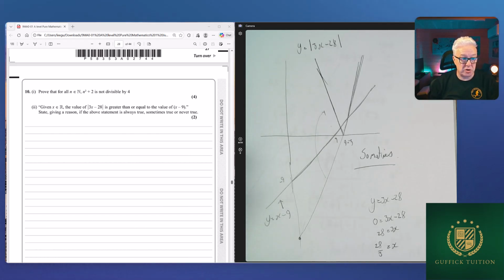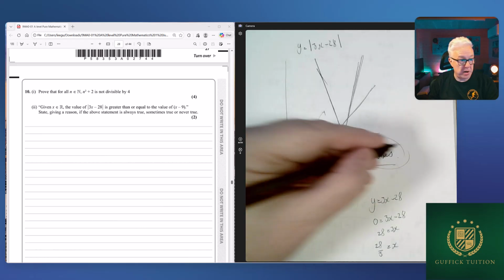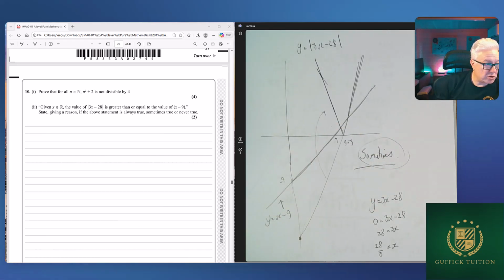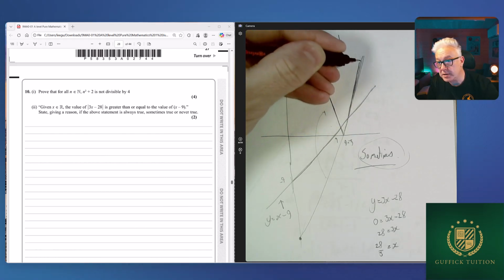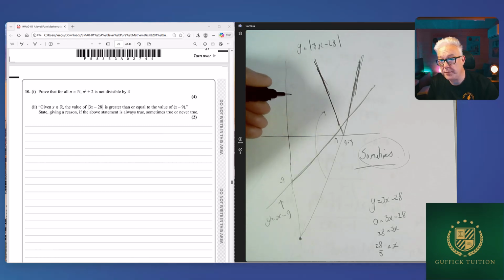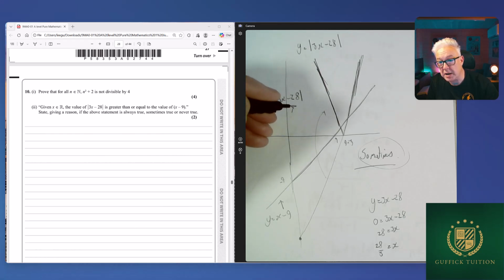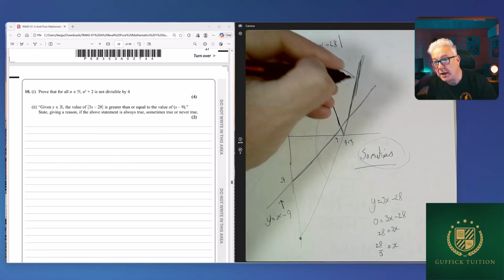So the 2 marks here would be for the sketch and for the appropriate conclusion that it is sometimes true. In fact, we could indicate in those regions that the modulus of 3x minus 28 is greater than x minus 9, and draw an arrow to that bit and an arrow to that bit.